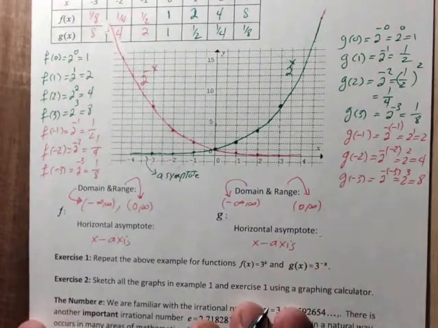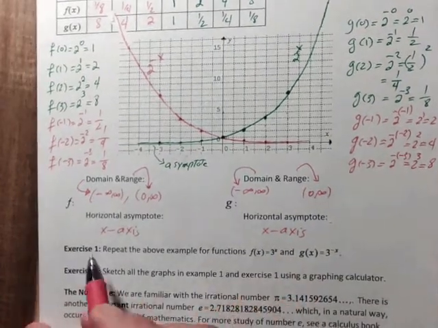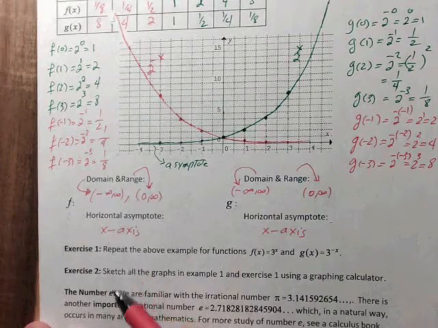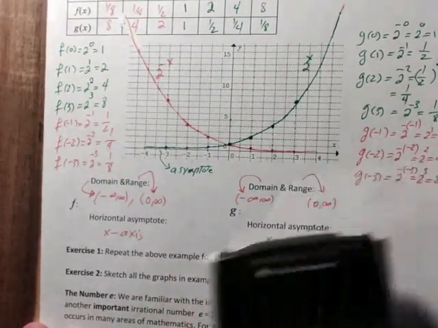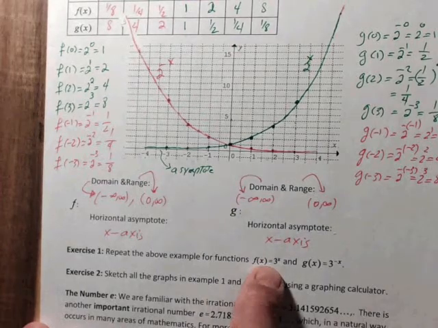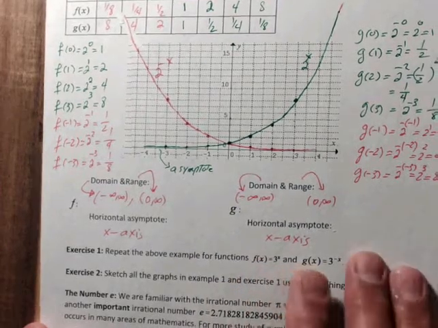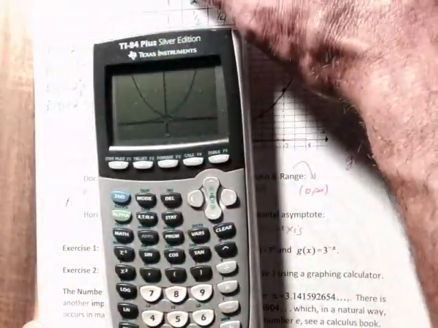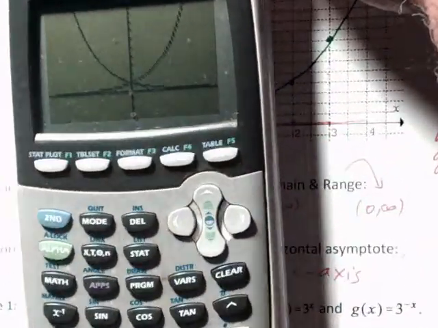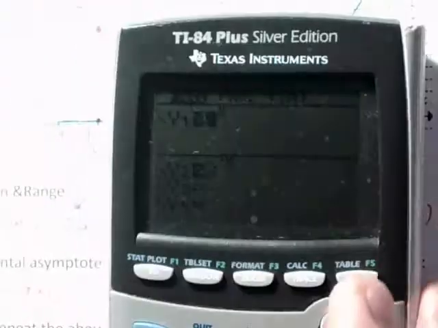Okay. Now I have two examples here. You can do it the same way, but what I'm going to do is put these two functions on my graphing calculator along with what I already have. So I'm going to go to y equals.